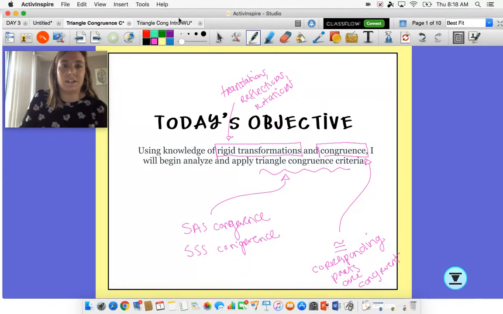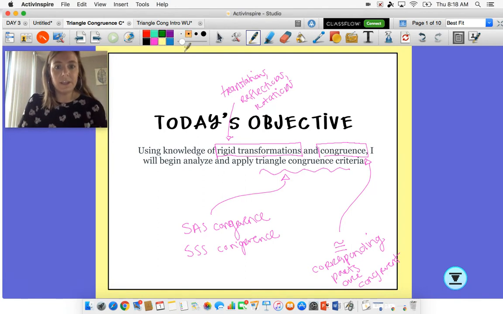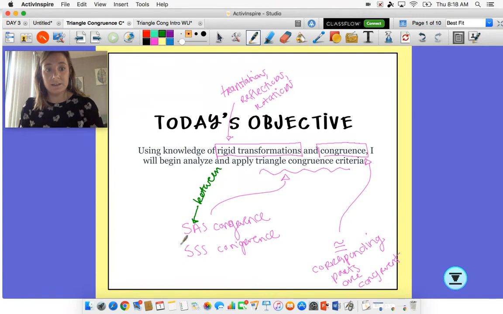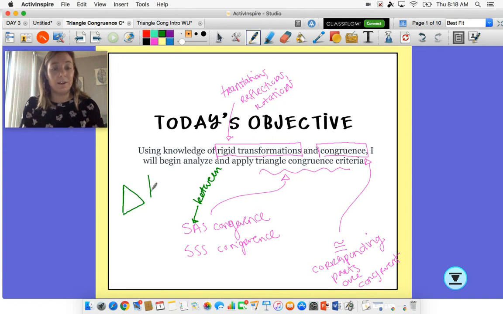The big one for you to recognize is that the angle is between the two sides. Also, this is triangles, plural. If I just give you one triangle, you can't prove congruence. What is it congruent to? So I need two triangles.